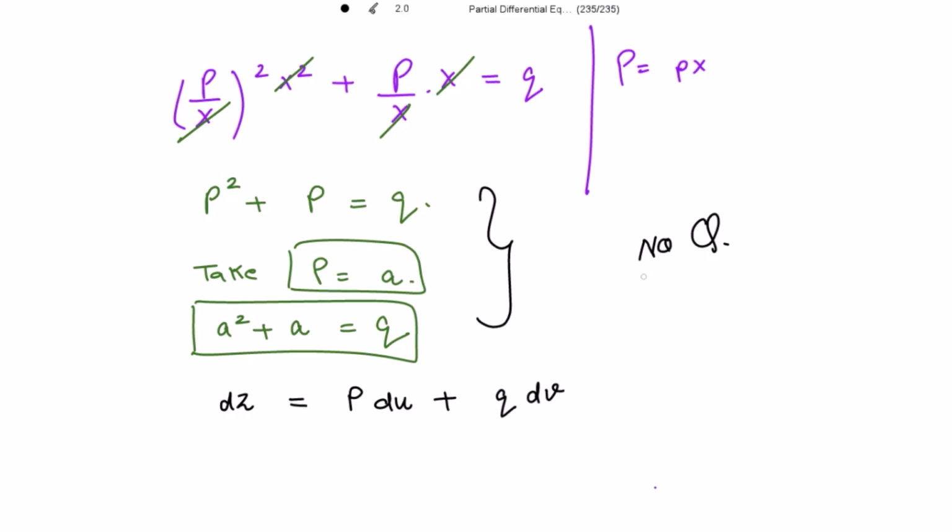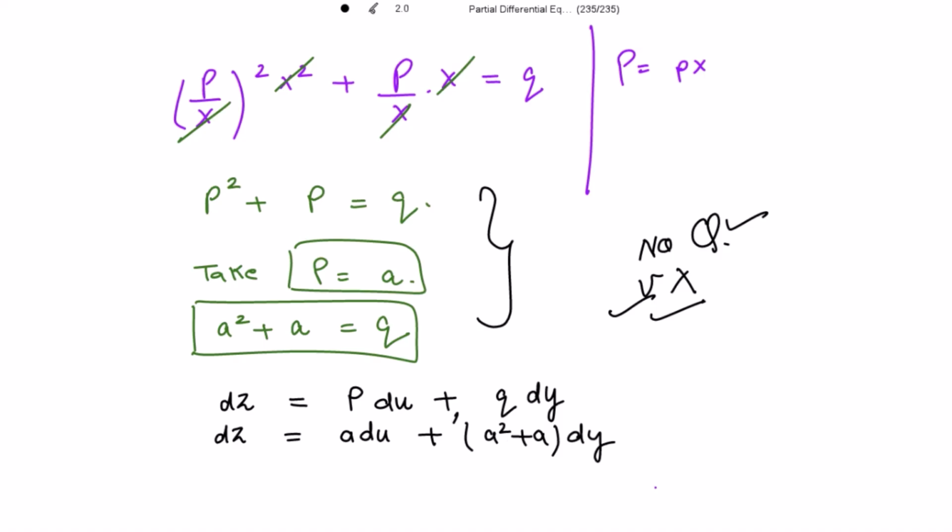And also we don't have v, so instead of dv just write dy, because there is no capital Q and no v. So dz is equal to a du plus (a square plus a) into dy, and when integrating we get z equal to a into u plus (a square plus a) into y plus the constant b.